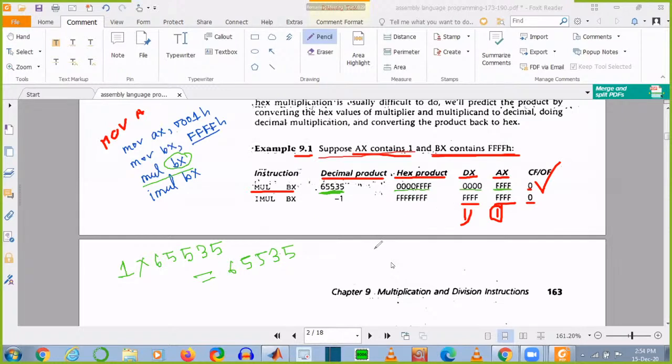0, sir. It will be 0. Why will it be 0? Why? Can you say why the value will be 0?